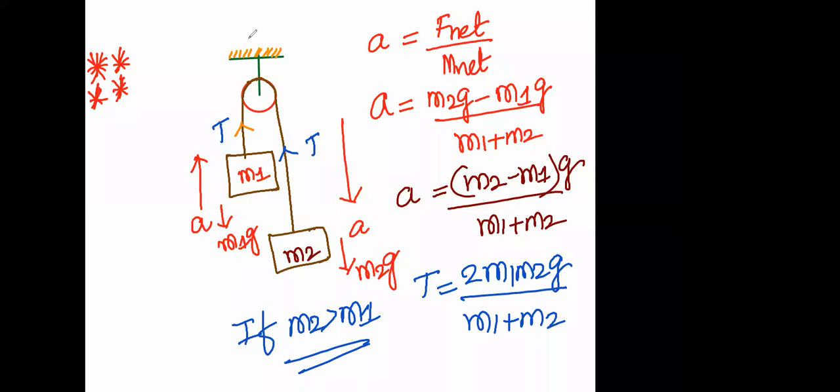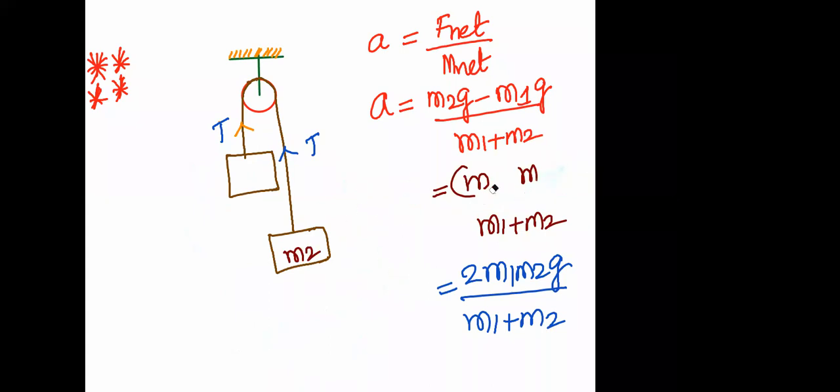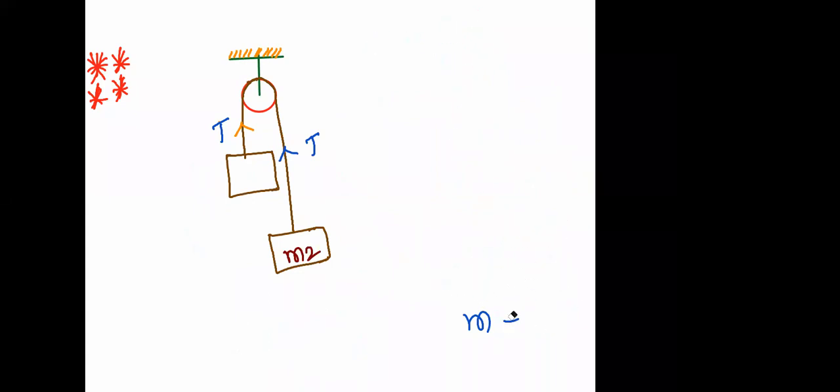Then I will take one example. Let us suppose the block M1 is taken as 5 kg and M2 is taken as 10 kg.